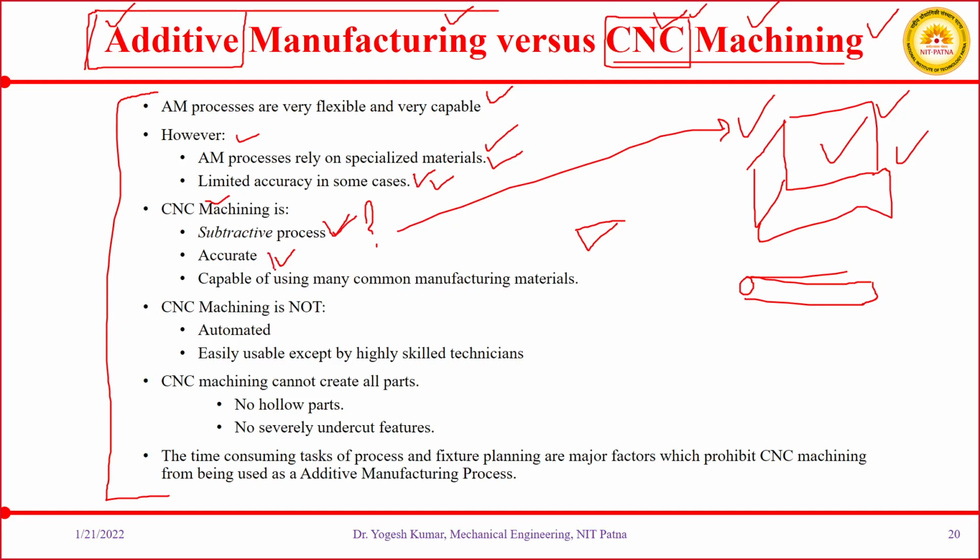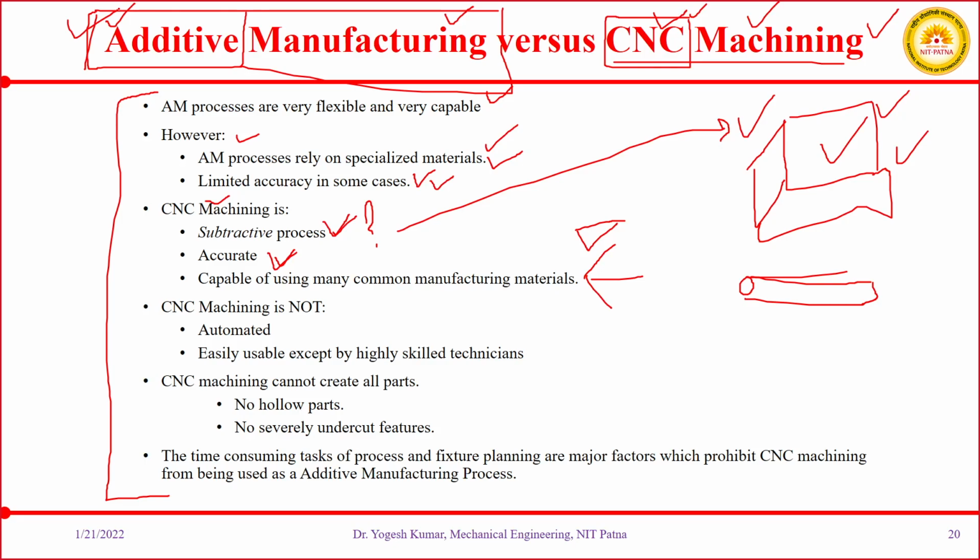CNC machining is more accurate, and you can use multiple materials on a CNC machine, because it is not dependent on only one kind of material being machined on a particular CNC machine. But in the case of additive manufacturing or a 3D printer, we have this limitation that we cannot print any material on any machine.